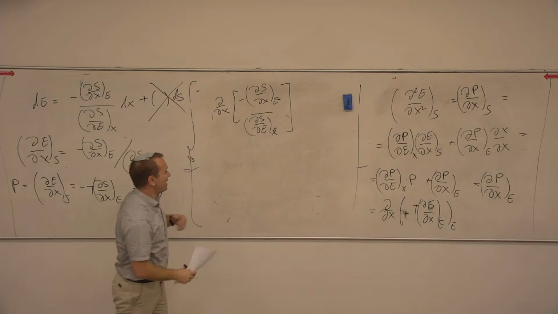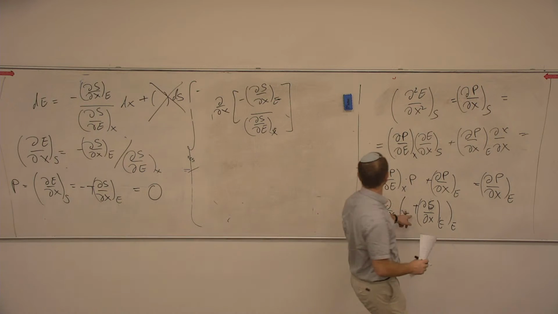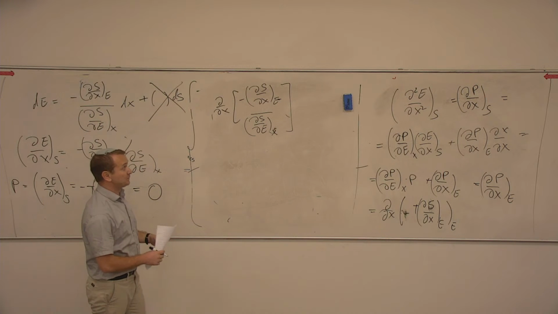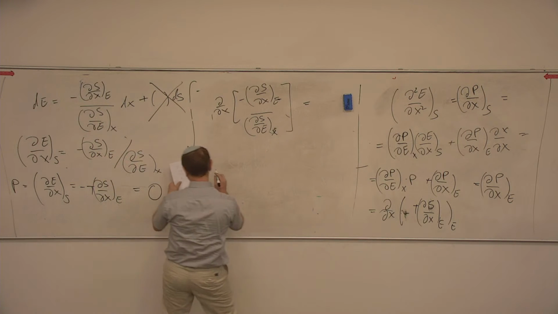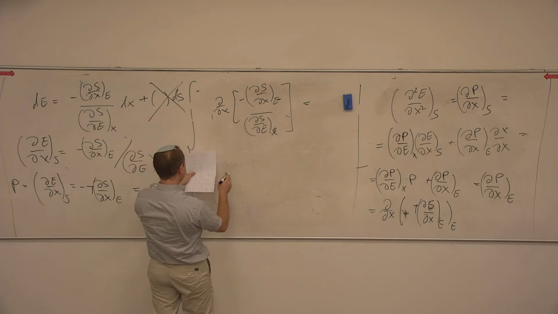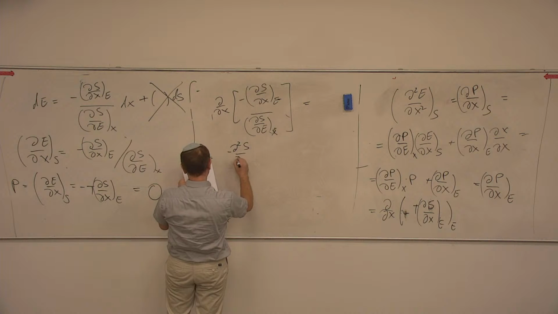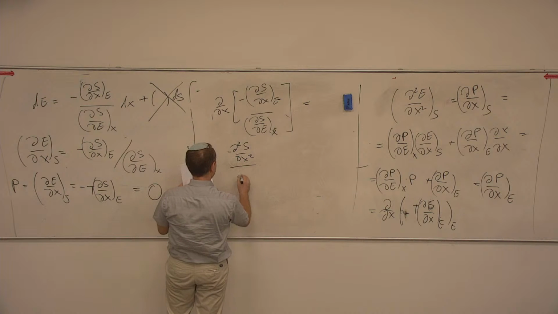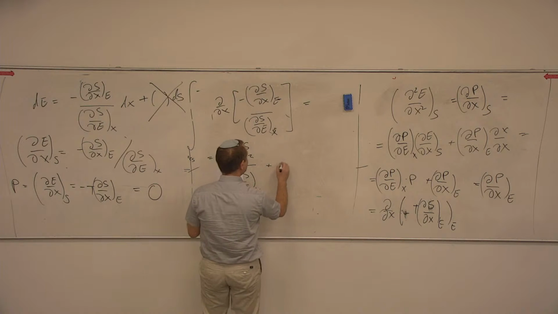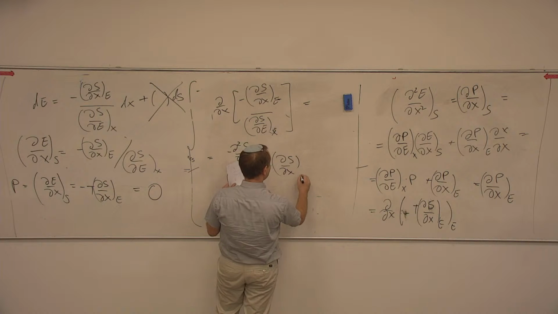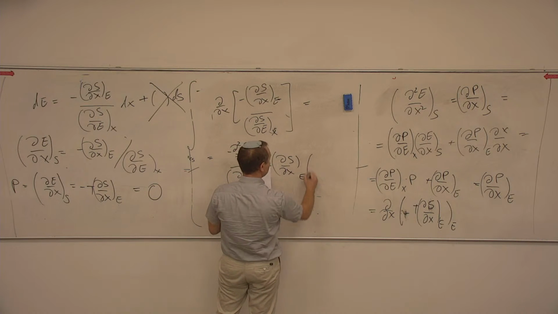I again replaced this temperature with this expression of dS to dE at constant x. So this is minus d squared S to dx squared divided by dS to dE of x, plus dS to dx with constant E multiplied by something.